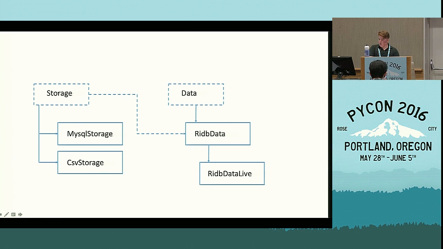We have a storage interface, and then we have implementations of it as SQL storage and CSV storage objects. And similarly with the data interface, we have RIDB data, and then we've extended the RIDB data class to RIDB data live if you want to use something other than the mock.